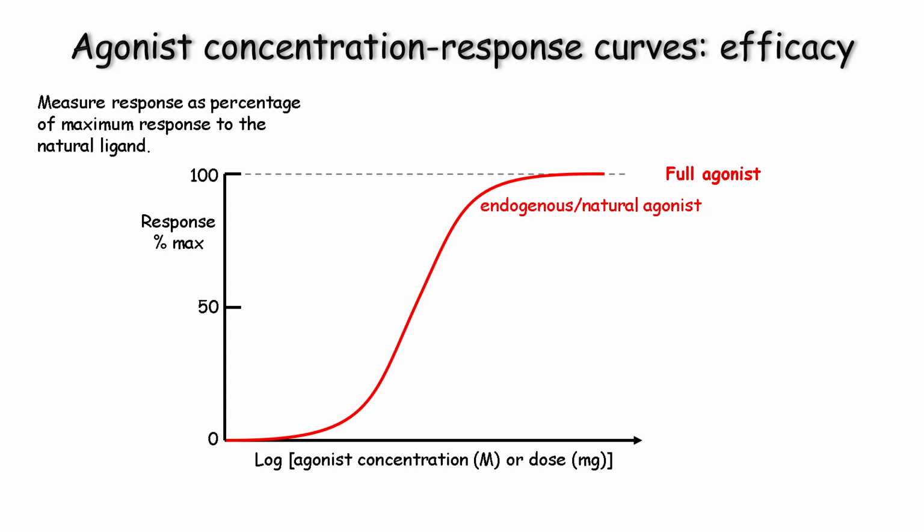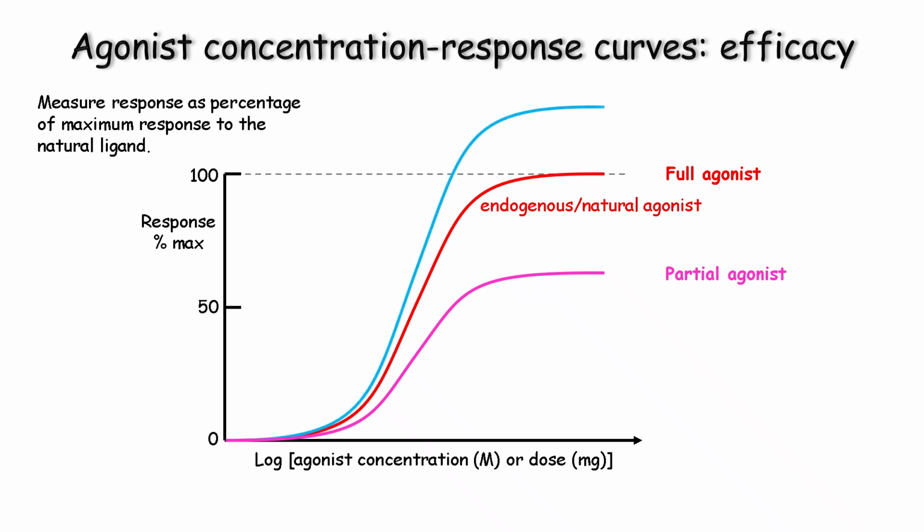Some ligands produce a smaller maximum response. They are known as partial agonists. Other agonists might produce a larger maximum response than the natural agonist. They are called superagonists.